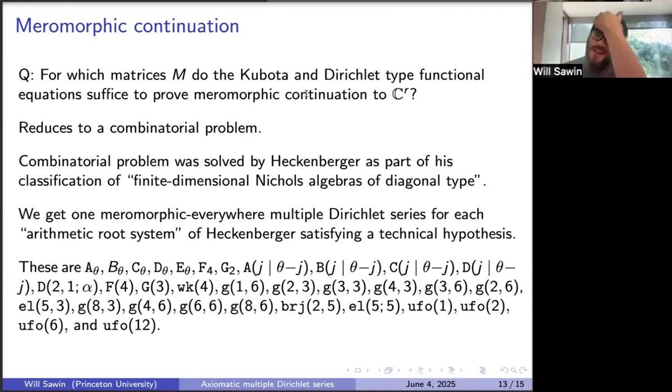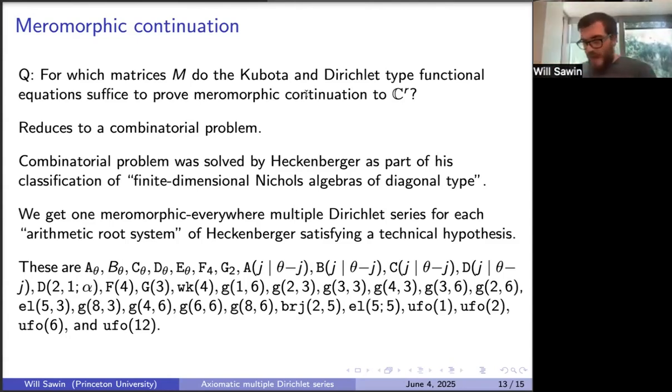So already we would have greatly improved the situation from having to construct some unknown object to now just having to solve some kind of combinatorial problem. But it's actually even better than that because the combinatorial problem has already been solved in the literature.